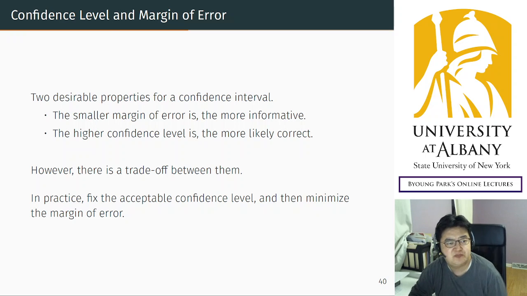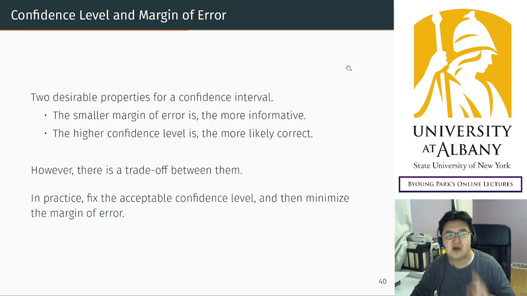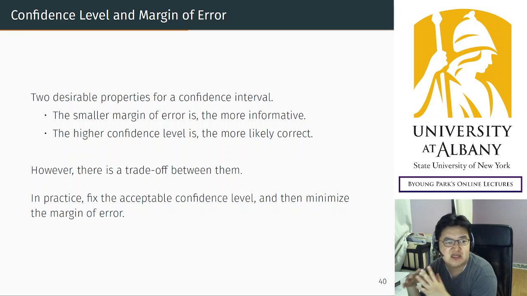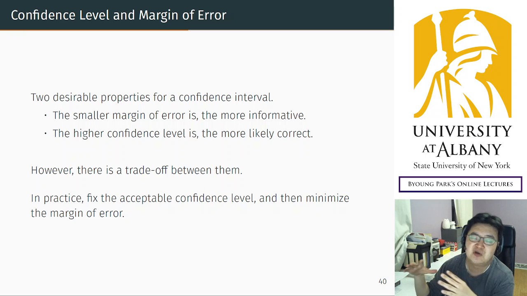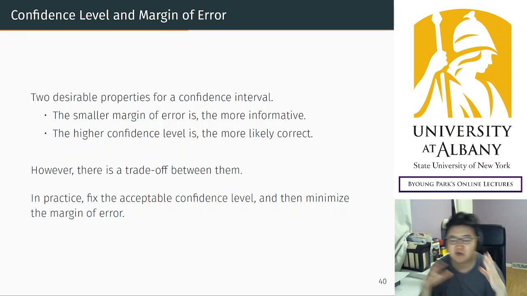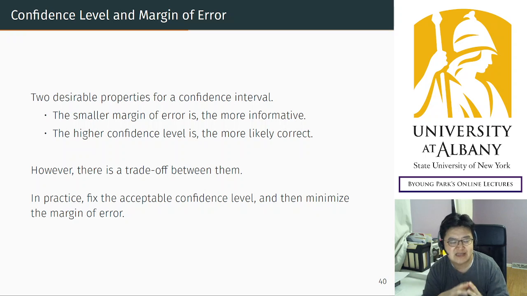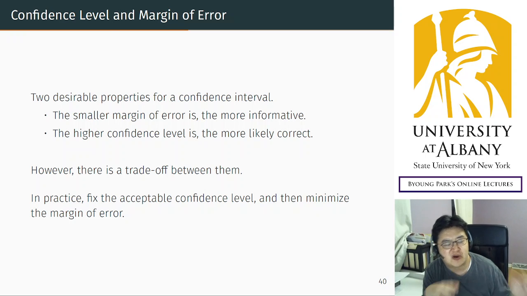So, to summarize, there are two desirable properties for a confidence interval. First, we want to make the margin of error smaller. The margin of error is the size of error in your point estimator. The size of estimation error is reflected in the margin of error. So the smaller the margin of error, the more informative your estimator will be.